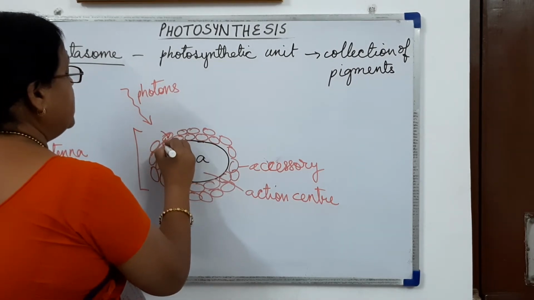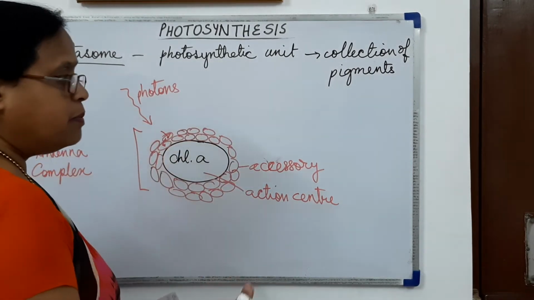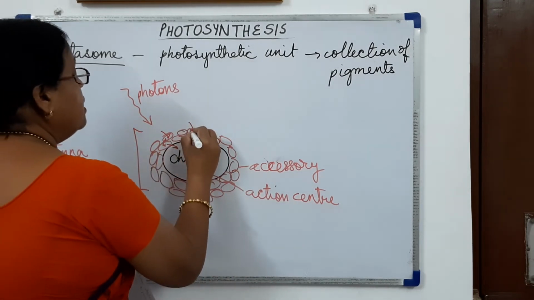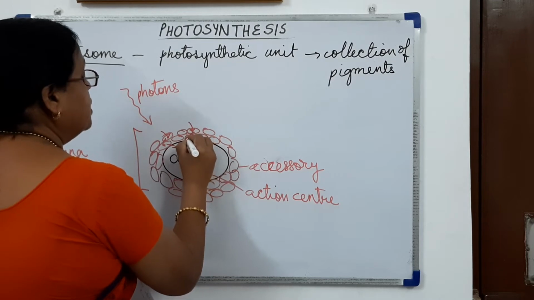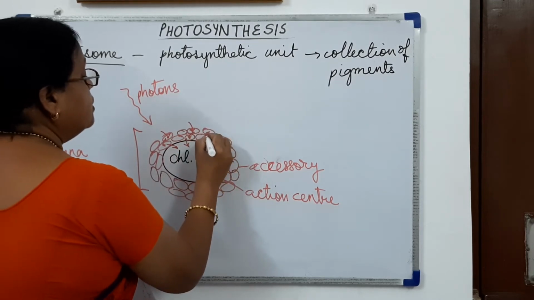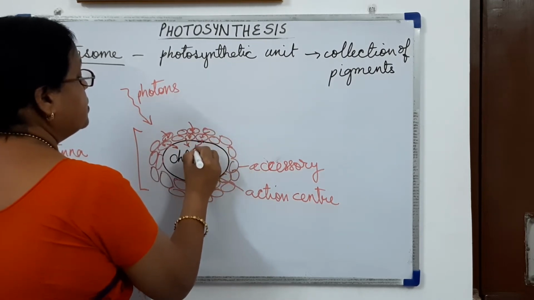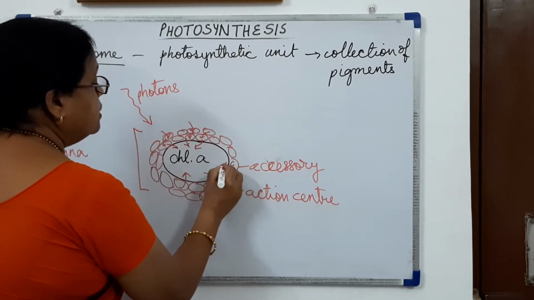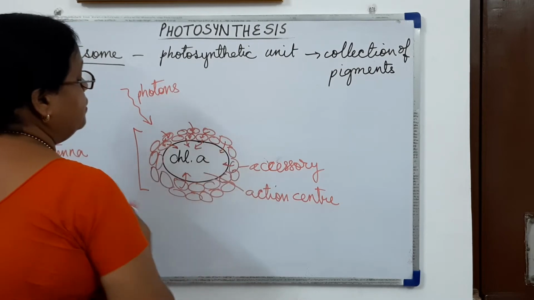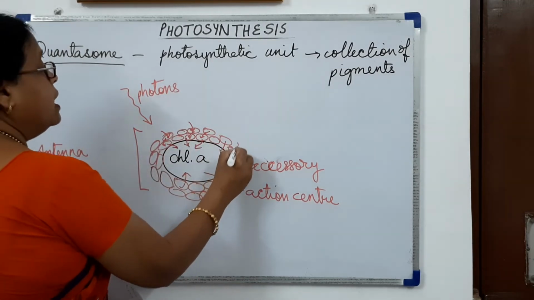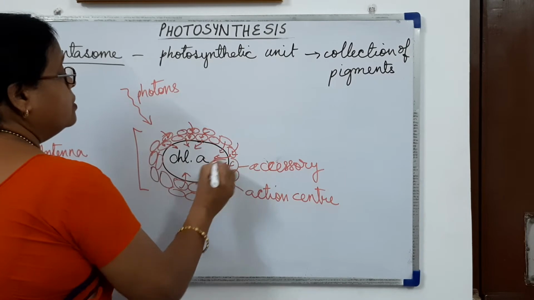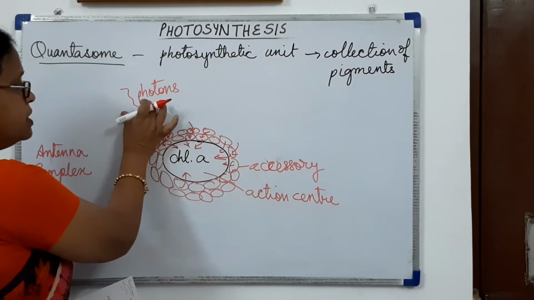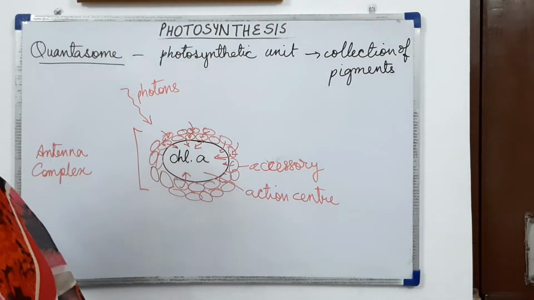It is transferred to the next level pigments and next level pigments, and then all these pigments transfer the light to the chlorophyll like this. So all these molecules transfer the energy which they absorb from the sun.